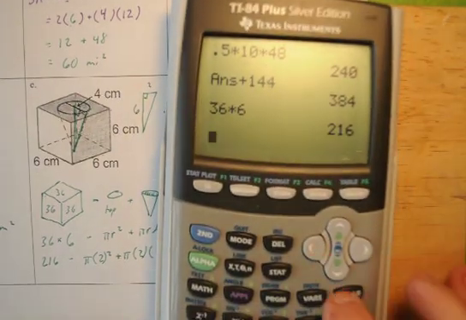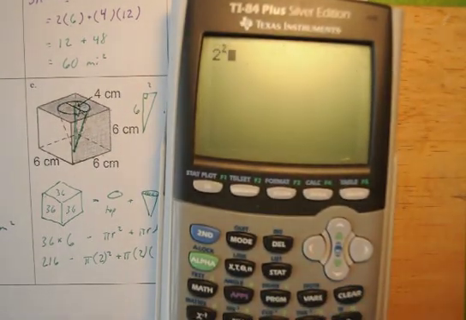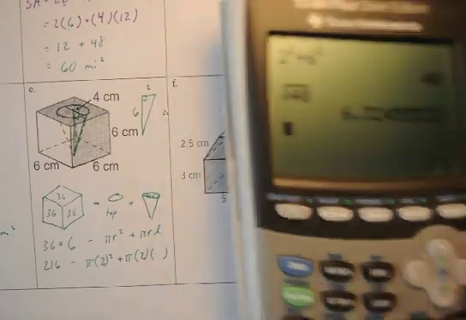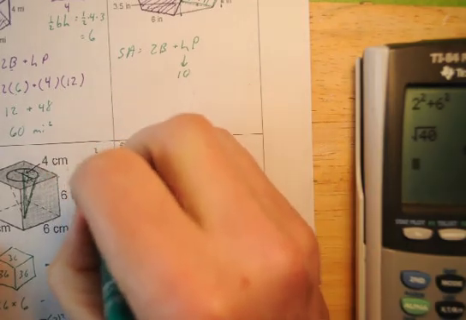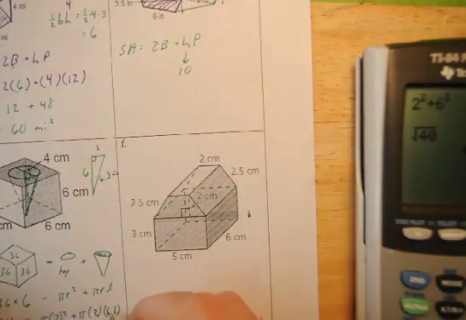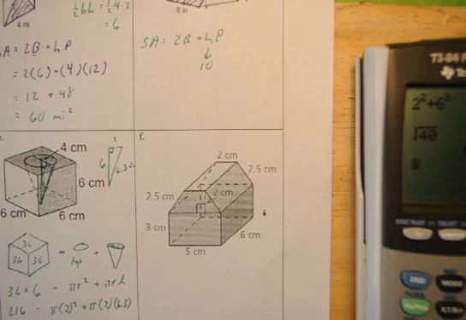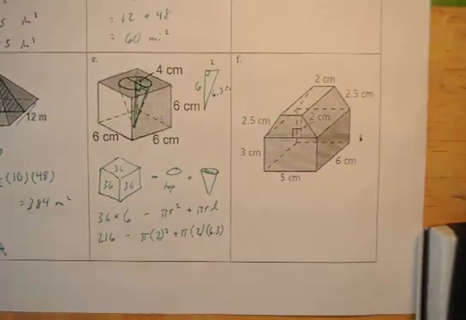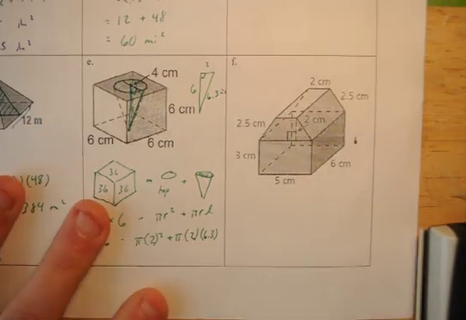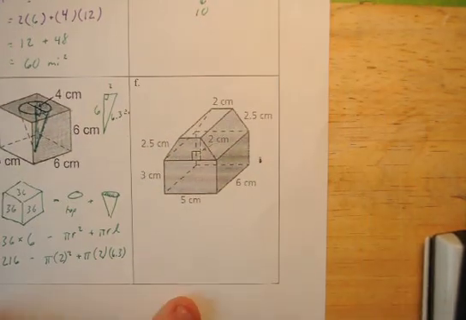So let's do the Pythagorean theorem real quick. 2 squared plus 6 squared, and then do the square root of 40. About 6.3. So this is about 6.3. Excuse me. And then you plug all that in your calculator, you get your answer. Alright, I'm running out of time, so let me move forward.